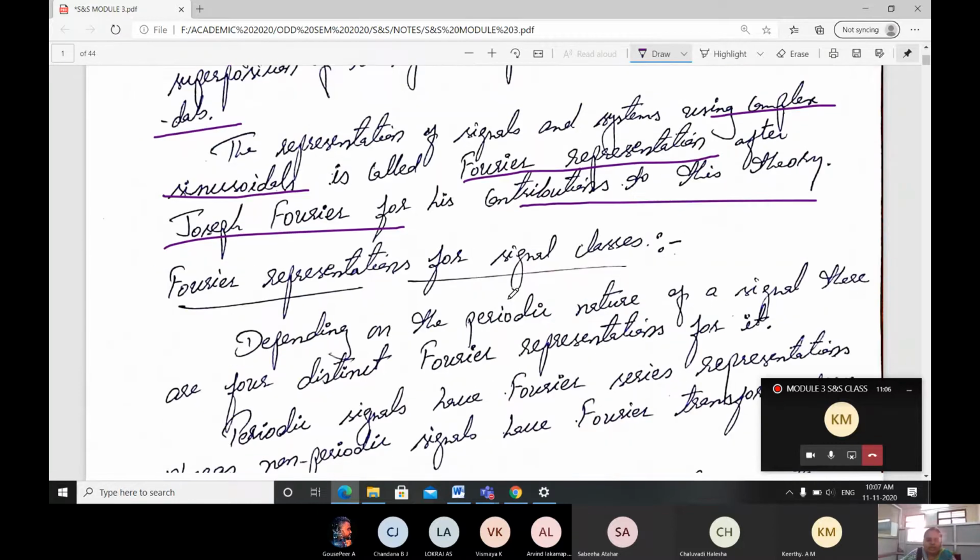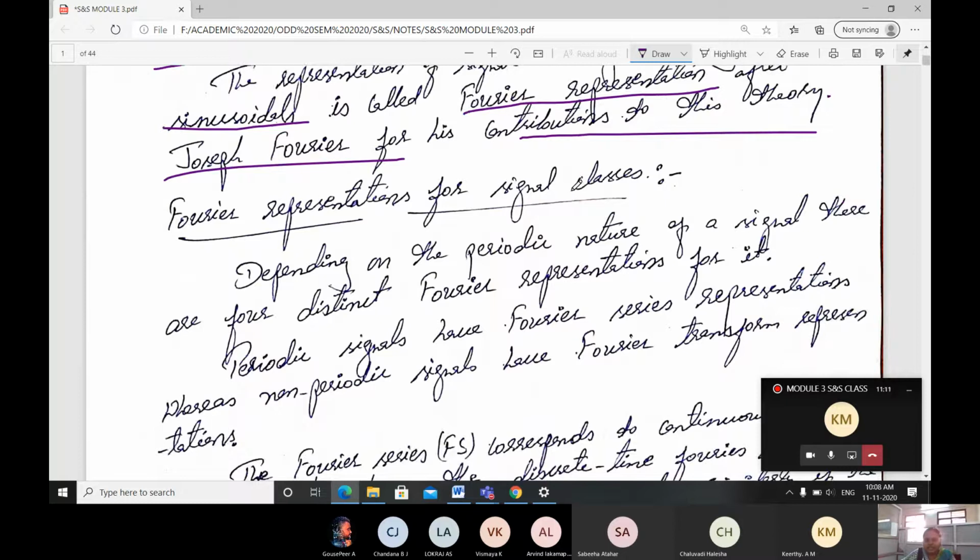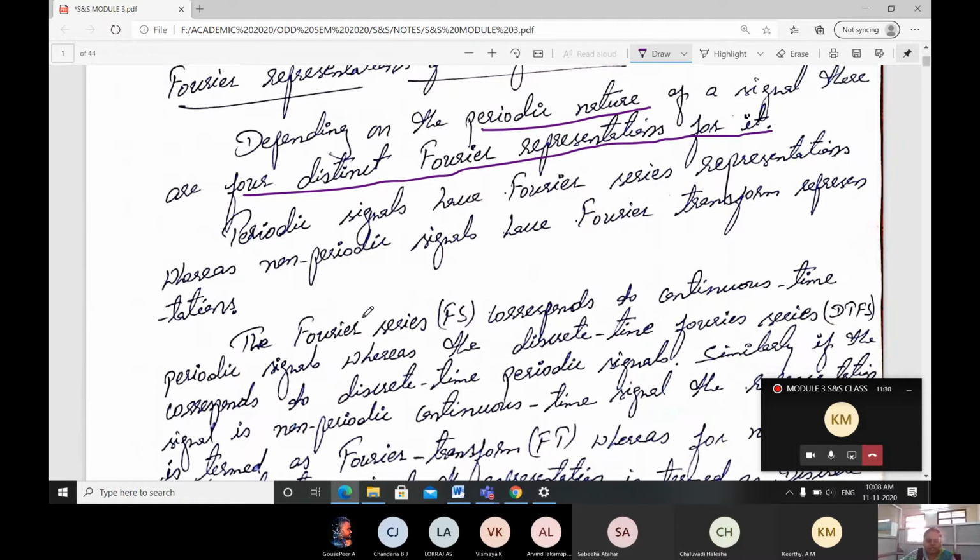Then next we will see what classes there are. Fourier representation for signal classes depends on the periodic nature of a signal. There are 4 distinct Fourier representations, based on periodicity, periodic or non-periodic.